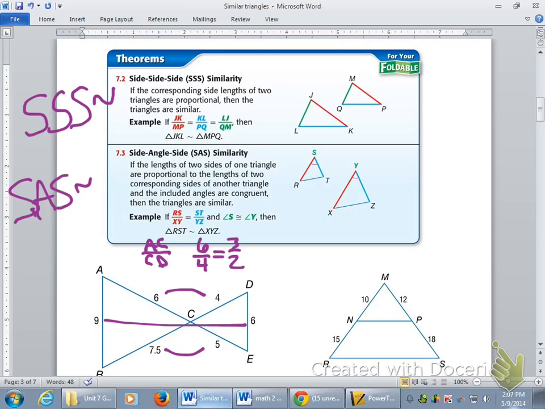I have BC over CE. What is that ratio? 7.5 over 5. That's going to reduce. What is that? Is it also 3/2? It sure is. So are those two the same? Yes. Now I still have to do, that's only two sides. I have to do all three sides.